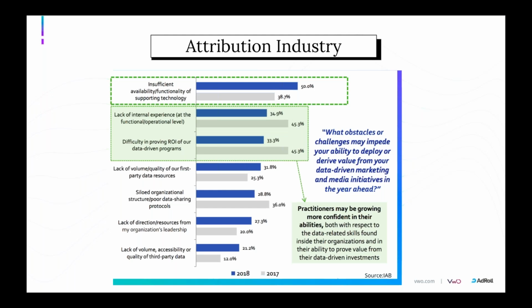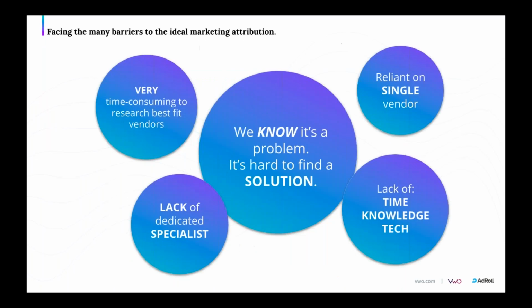And one alarming thing that we noticed is that this has actually gone up year over year from 2017 to 2018, to now 50% of marketers who are really unsure how technology can help them within this measurement and to understand their attribution correctly.